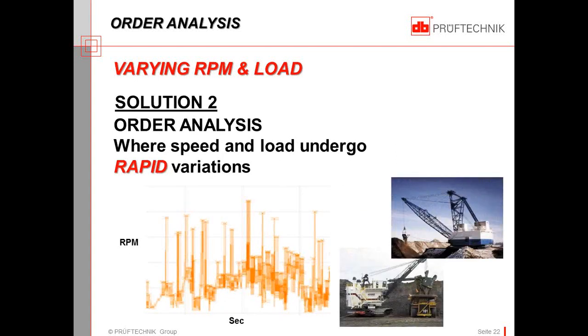Shovels, drag lines, these are machines that are continually working, continually creating vibration through different RPMs, but the RPM never has a steady state period, or at least not a period that is long enough where you could define a machine state and collect data.